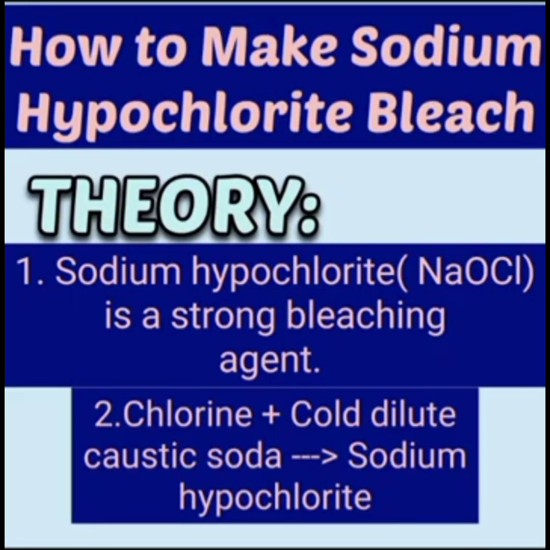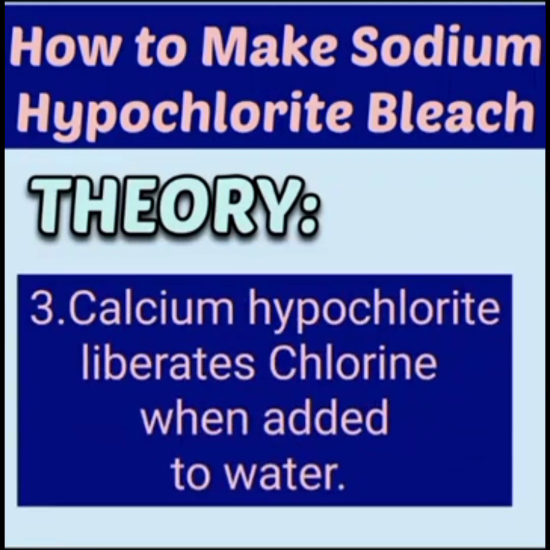We've also learned that when chlorine reacts with cold dilute sodium hydroxide, which is also called caustic soda, it yields bleach, which is sodium hypochlorite. We've also learned that calcium hypochlorite is a source of chlorine when it is added to water. That means when calcium hypochlorite reacts with water, it liberates chlorine.